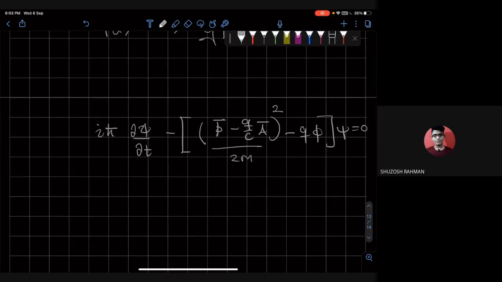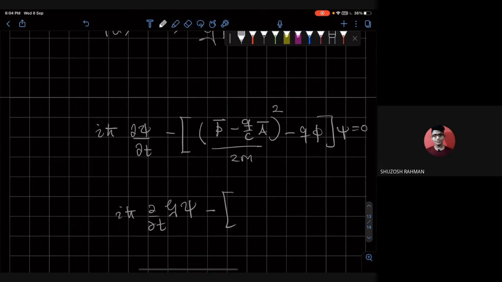So under the gauge transformation, what happens is if we have i h bar d by dt, psi becomes multiplied by G, but we are assuming that our gauge transformation is time independent. So it's going to go through the time derivative.